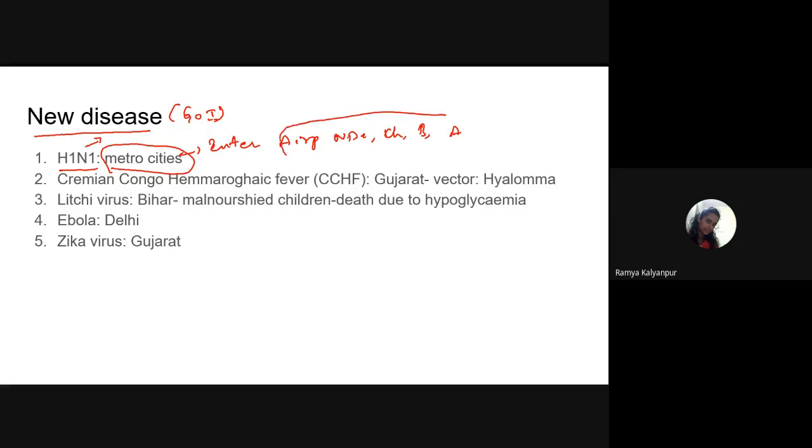Wherever a lot of international travel occurs, these economic hub areas are most commonly affected with H1N1, that is swine flu. So remember metro cities with swine flu. If you go there, there are higher chances of having H1N1.